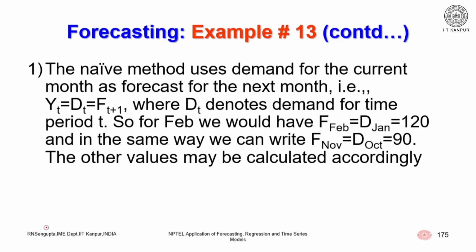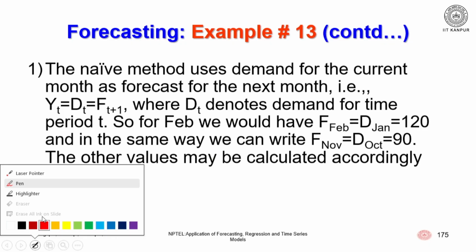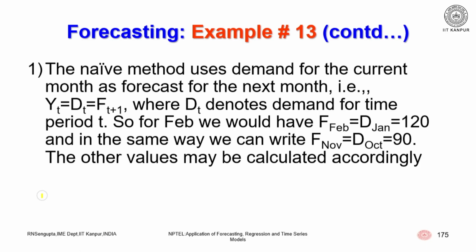So, whenever I talk about D, remember it is y, and the suffix will denote the time frame. The data is given in the slide. So, D_t is equal to F_{t+1}, this is the naive method, where D_t denotes the demand for time period t.